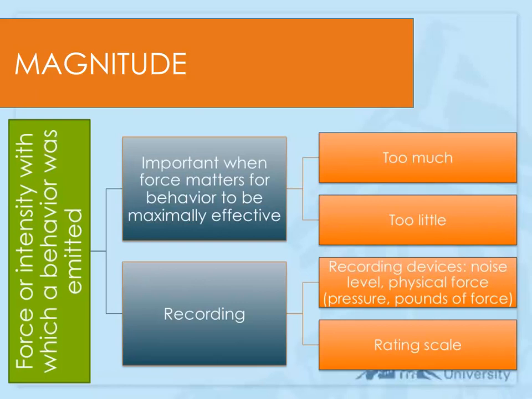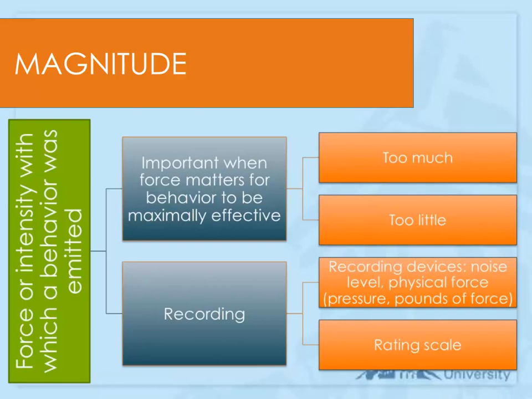Magnitude is typically described as the intensity of behavior, and this can oftentimes be difficult to measure simply because we don't have the tools to do so. Screaming behavior, for example, could be defined and measured by the amount of decibels that it produces. However, without an accurate decibel meter, it would be very difficult to tell whether one scream was more intense than the other. Another instance of this is a vending machine. There's a button on the vending machine that you have to press with enough force in order to get that to activate.